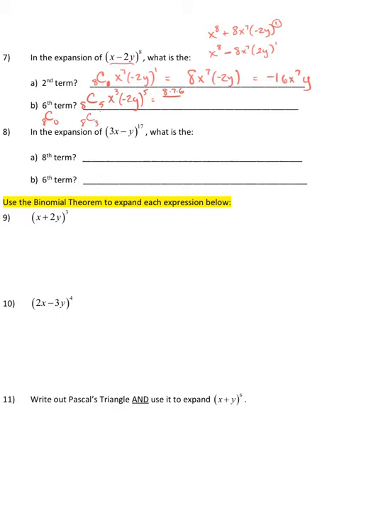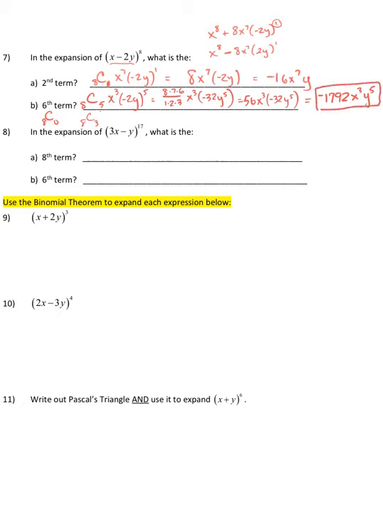So it's 8, 7, 6 over 1, 2, 3, and x to the 3rd, and then this will be negative 32y to the 5th, and that equals 56 x to the 3rd times negative 32y to the 5th. And my final answer is 56 times 32 is negative 1792, and it'll be x to the 3rd, y to the 5th.